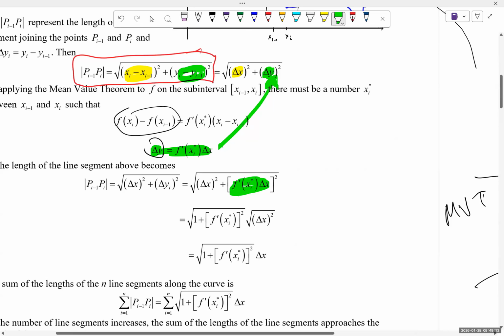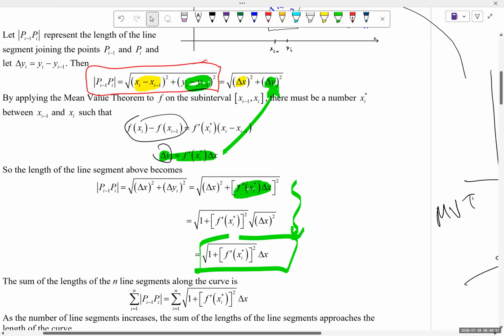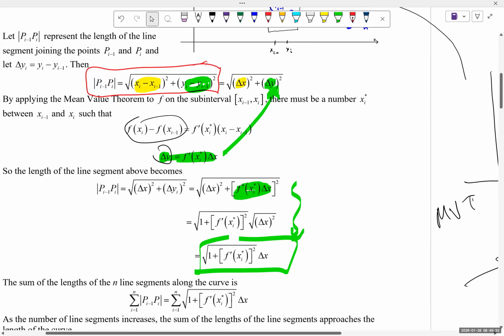And the whole point of doing that was so now we have a distance function for x only. You with me? Okay, so simplifying this down, you can factor out the delta x squared, take them out of the root, and now we're here. Now, that only gives us one line segment.